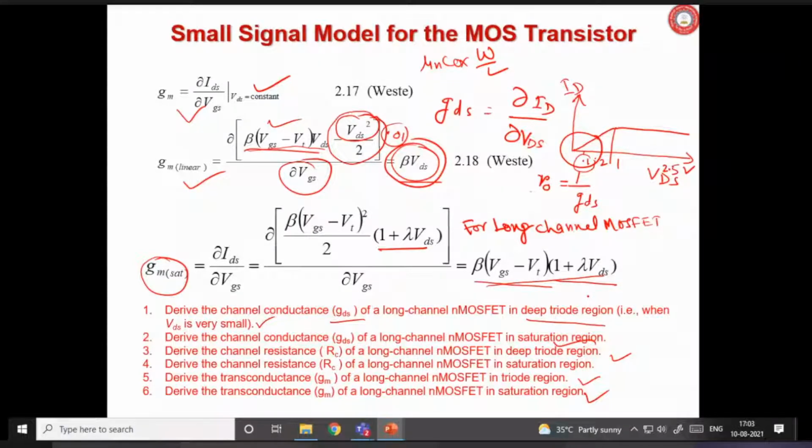Zero. Correct? All agree? r_o is 1 upon g_ds. g_ds is what? Delta I_D by delta V_DS.